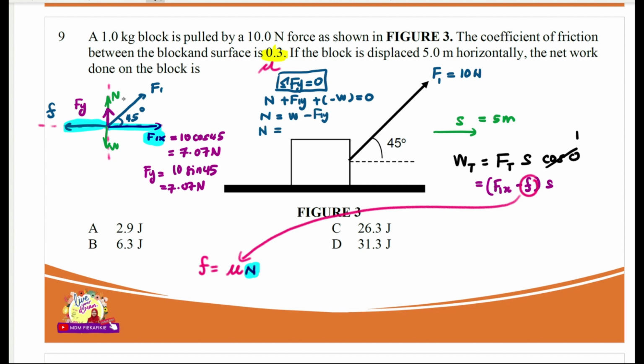So N, W we can calculate: 1 kg times 9.81, W equal to mg, minus 7.07. So you calculate the normal force. You will get normal force is equal to 2.74 Newton.